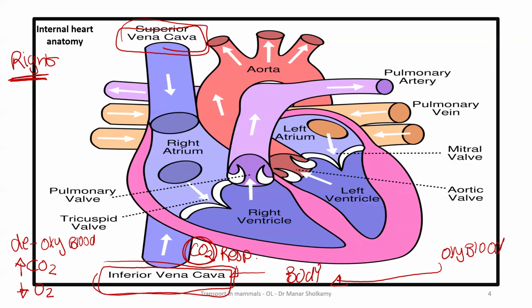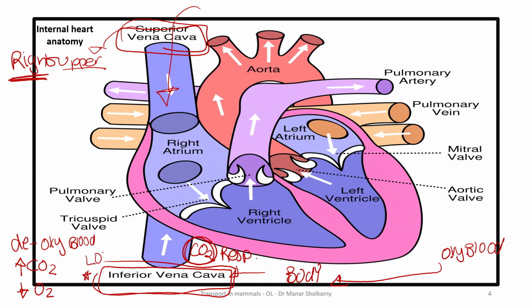Upper part. From the brain. Very good. From the superior or the upper parts of the body. From the brain, from the chest, from the arms. So this deoxygenated blood will arrive from the upper parts of the body and it will enter the right side of the heart through the superior vena cava. And the inferior vena cava, what do you think? It will carry deoxygenated blood from which parts of the body? From the upper or the lower?